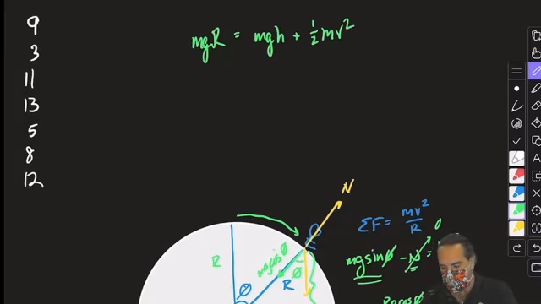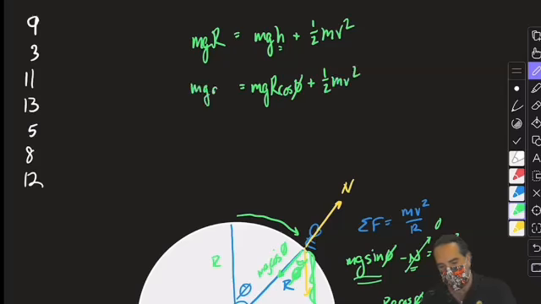So using that angle to get this height, that makes it the cosine as well. So h is going to be mgr cosine phi, still plus 1/2 mv squared equals mgr.